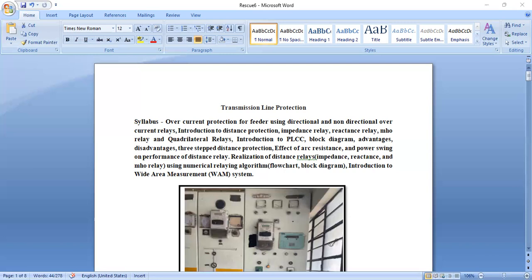Which type of fault occurs in the system, like in an overhead transmission line?